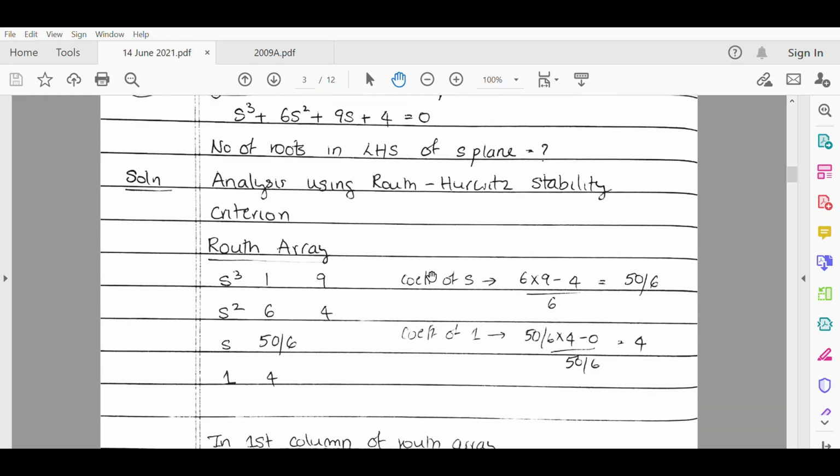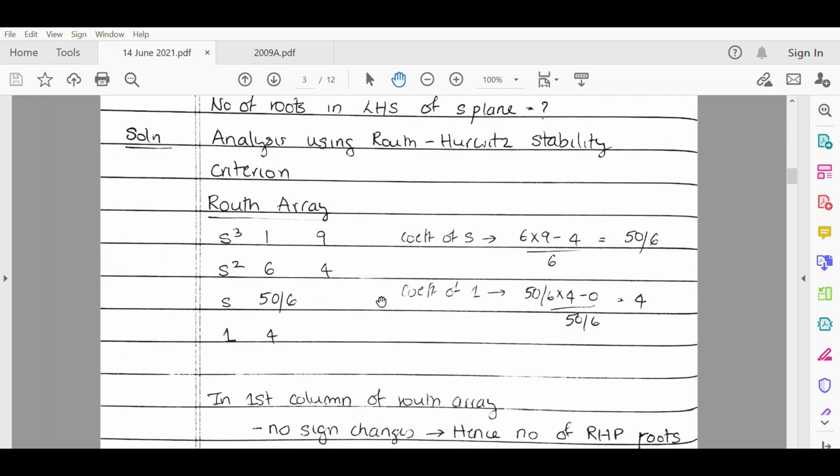Now we have completed the Routh array, and we will just see the first column of the Routh array, and we can observe that there are no sign changes in this first column. The number of sign changes indicates the number of roots of the characteristic equation in the right half of the S-plane.